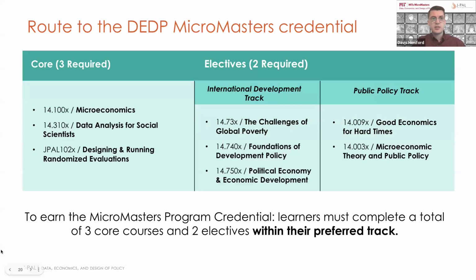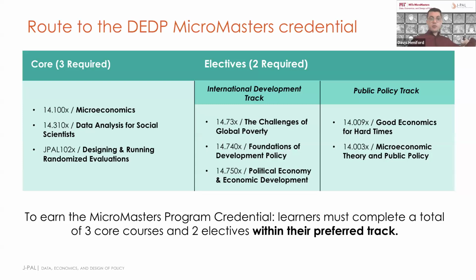All right, let's chat about the DEDP MicroMasters credential. As you saw from the last slide, our courses are divided into 3 categories. We've got core courses on the left here, international development track electives in the middle, and then public policy track electives on the right. The 3 required core courses are listed on the left.